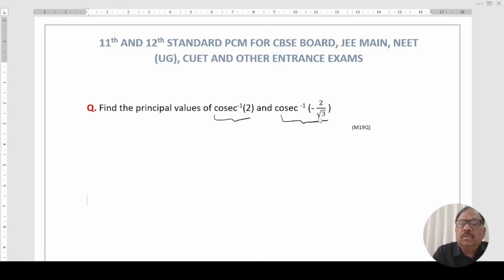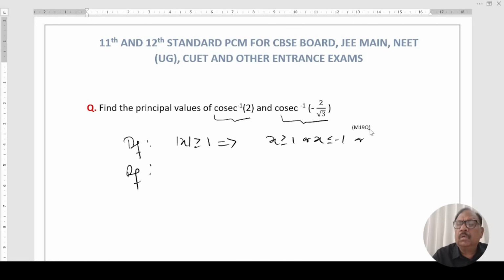It is a case of inverse trigonometric functions, so we need the domain and range of cosec inverse. The domain of cosec inverse is mod x greater than or equal to 1, that is, x is greater than or equal to 1 or x is less than or equal to minus 1, or minus infinity to minus 1 union 1 to infinity.